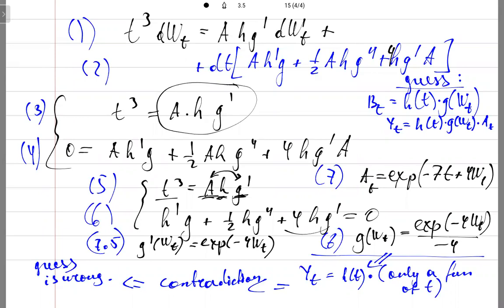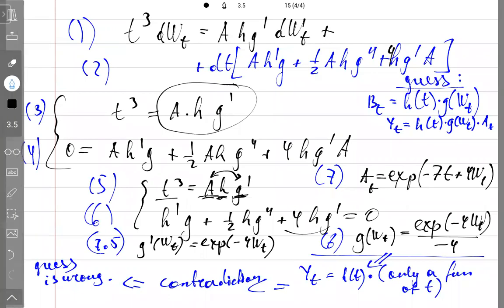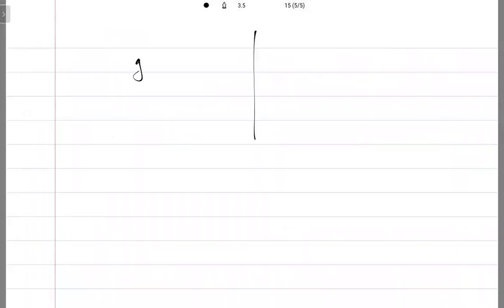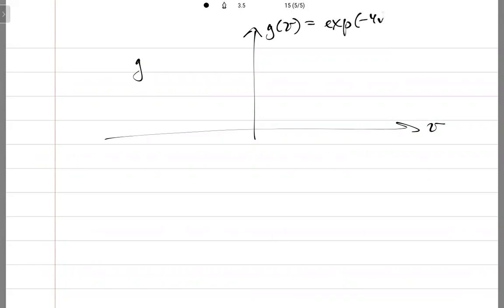And the thing I didn't understand is why we can integrate like the usual function. Because G is a non-random function at a random point. So my point is that G is a function. You can draw it. If you put here something V, you can draw G of V is exponent -4V.